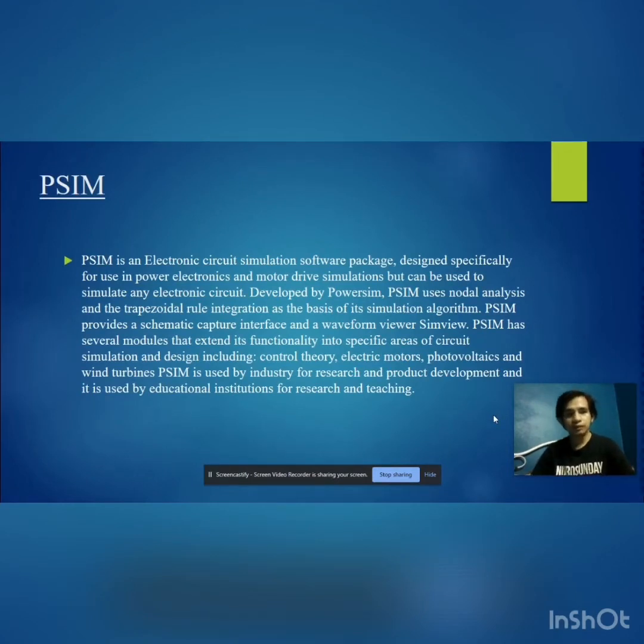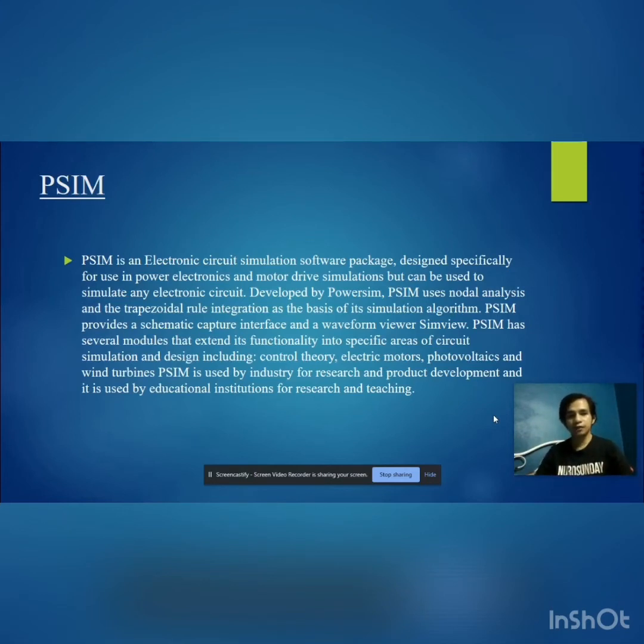What is PSIM? PSIM is an electronic circuit simulation software package designed specifically for use in power electronics and motor drive simulation, but it can be used to simulate any electronic circuit. Developed by PowerSim, PSIM uses nodal analysis and the trapezoidal rule integration as the basis of its simulation algorithm. PSIM provides a schematic capture interface and a waveform viewer, SimView.